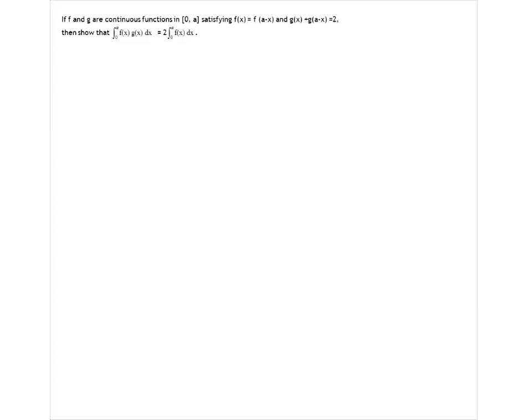Try this. It's given that f of a minus x is fx.